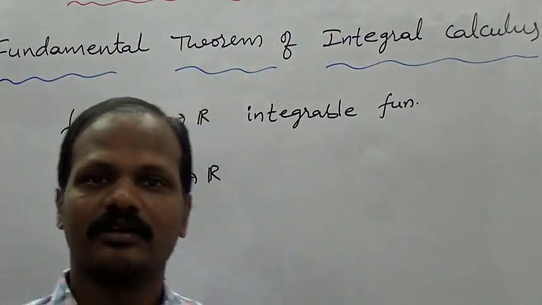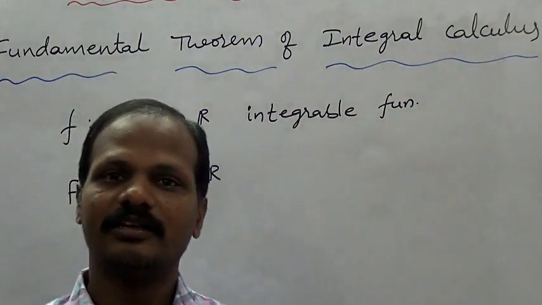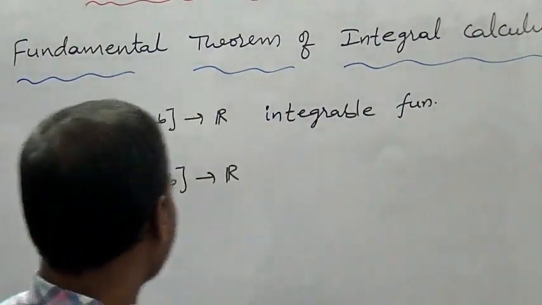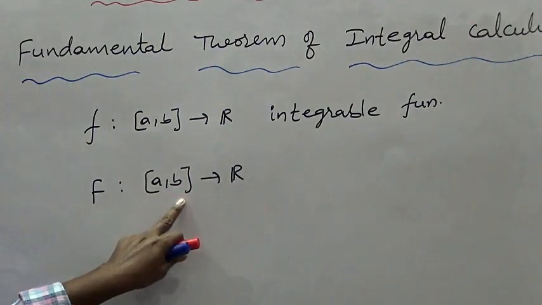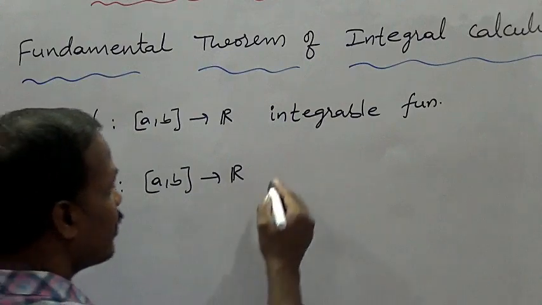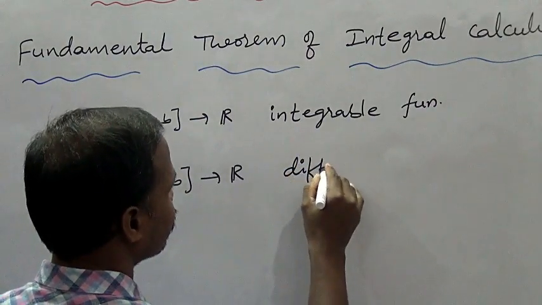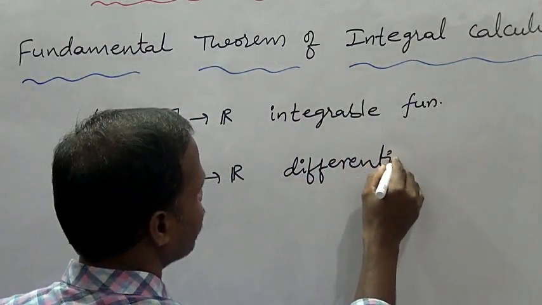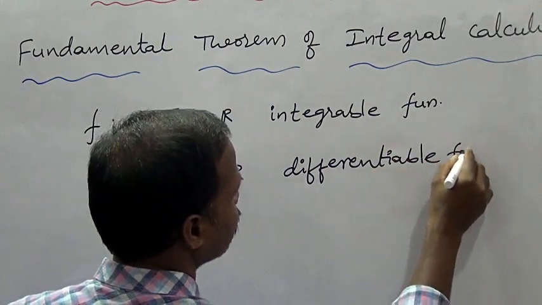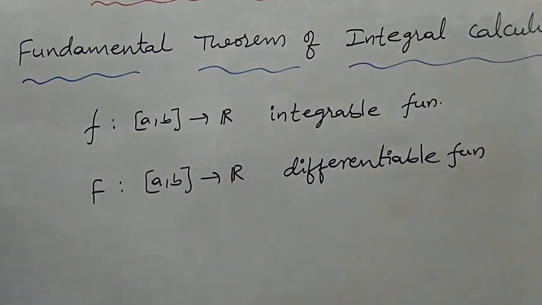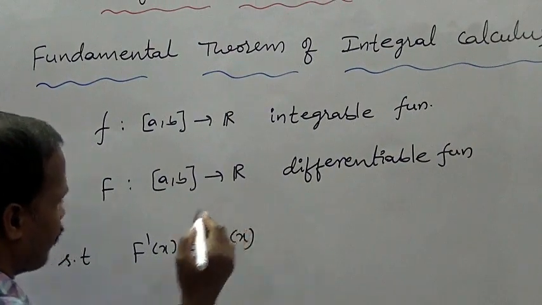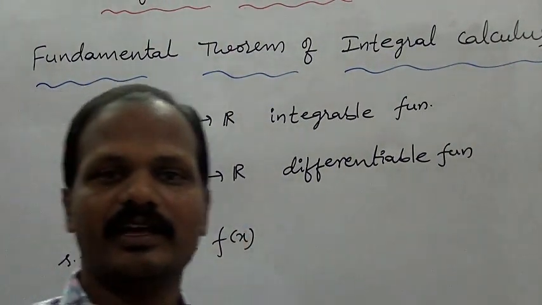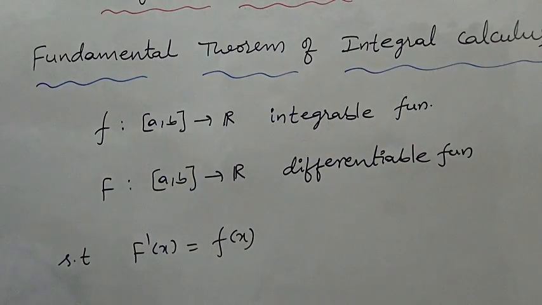We are discussing this calculus in real valued functions only. If there exists capital F from closed interval a comma b to R, which is a differentiable function, such that capital F dash of x equal to small f of x.